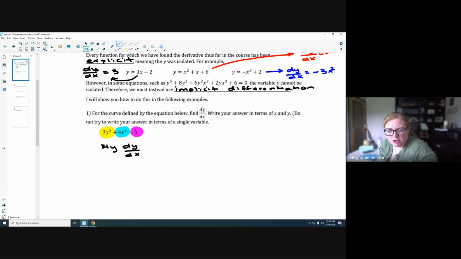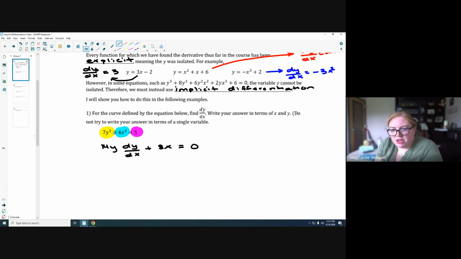Now, if we're taking the derivative of something with just an x, like 4x squared, then we can just take the derivative normally. We don't need to put dy/dx next to it. So here's the plus sign that I'm carrying down, and I'm going to write 8x because the derivative of 4x squared is 8x. And that's equal to the derivative of any constant, which is 0. So we'll just put 0.